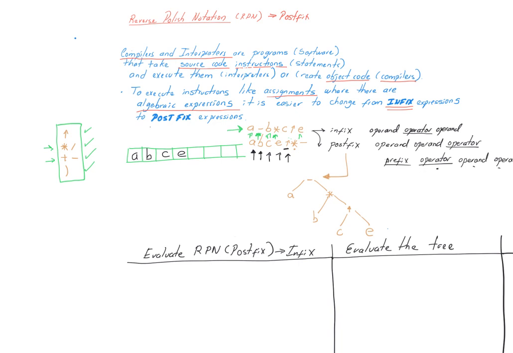What I do is I take the operation as the node, and then I put on the right the first element that I take, and on the left the second element that I take out, right? So I just did that. I took E and C, so they are no longer in the stack.